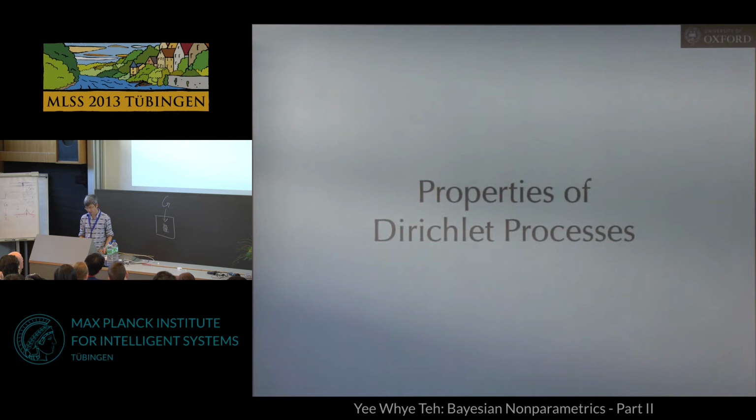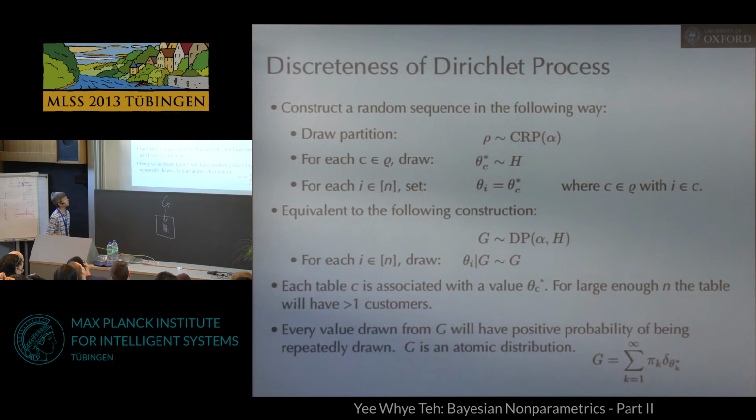Right. The next section is about properties of the Dirichlet process. The first property that we'll observe is the following. I've already told you that your random probability measure G has a distribution given by a Dirichlet process, parameterized by alpha, which parameterizes our CRP, and by H, which is the distribution that we are drawing the parameters of each cluster from.